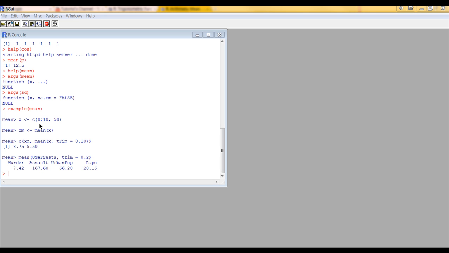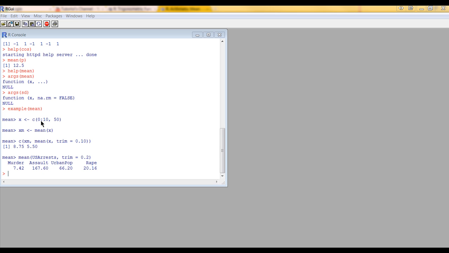I don't know if trim means both sides or just one side, actually. Maybe we can tell. Anyway, I'm not sure. You have to play around with it, maybe. So anyway, the mean for the first one was 8.75. That's because we threw the 50 in there, so that kind of distorted or blew up the mean.